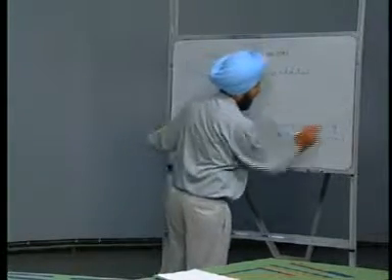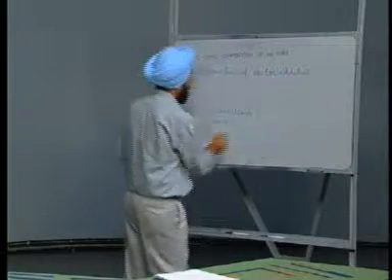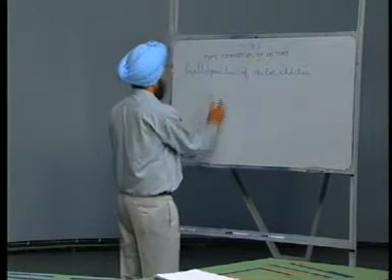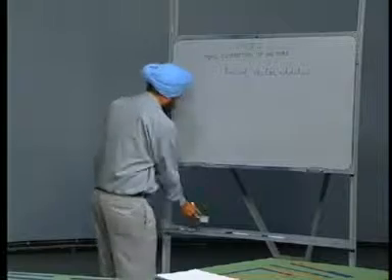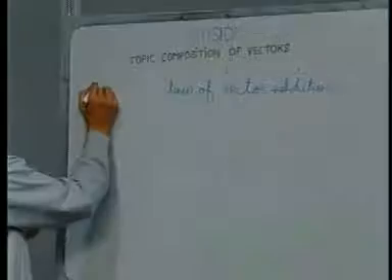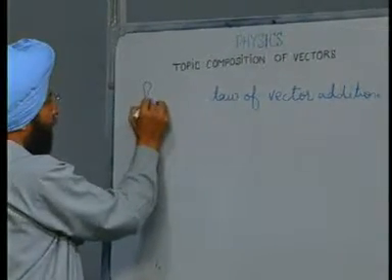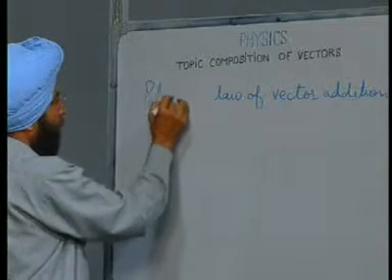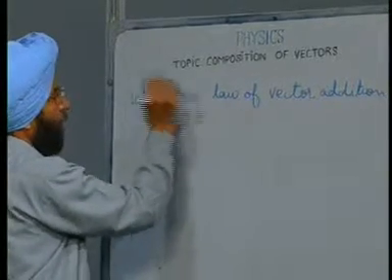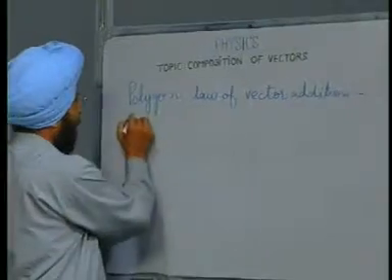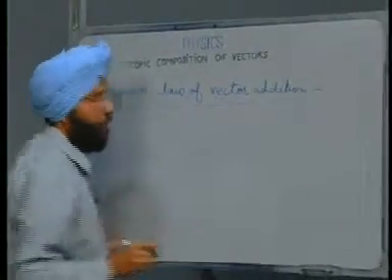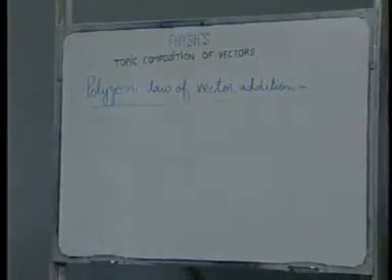A further generalization of the triangle law of vectors is the polygon law of vector addition. This law is for addition of more than two vectors.